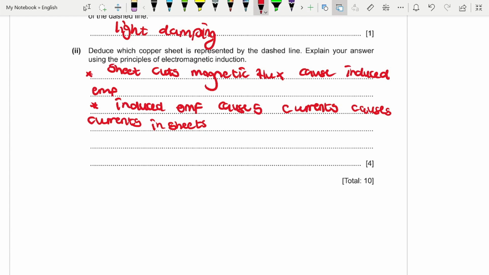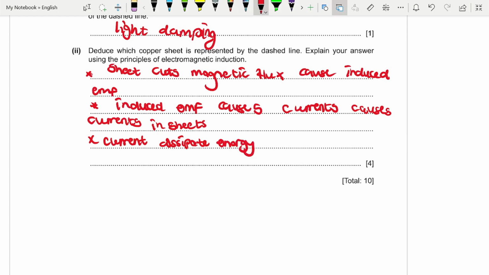But then the current in the sheet is going to dissipate energy. If you have a phone and you touch the socket as you plug in the adapter, you'll find it's hot. Current is dissipating energy. An element, current dissipates energy.